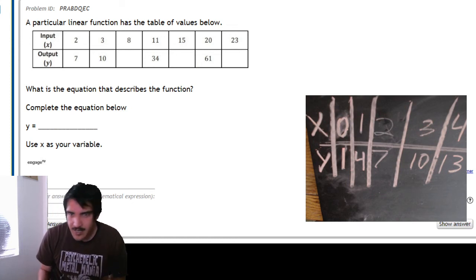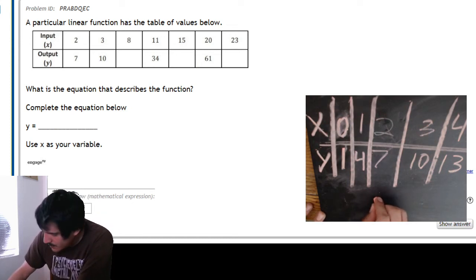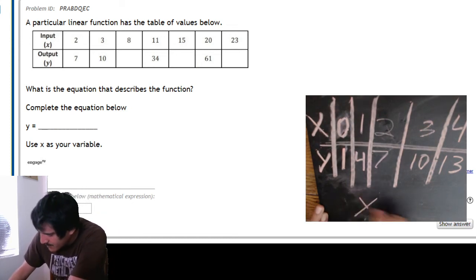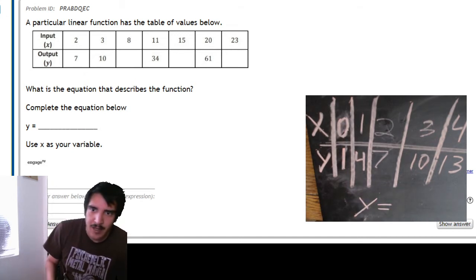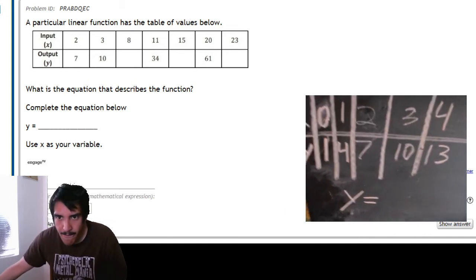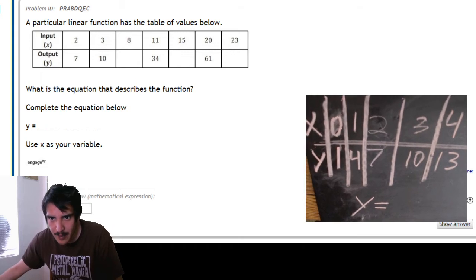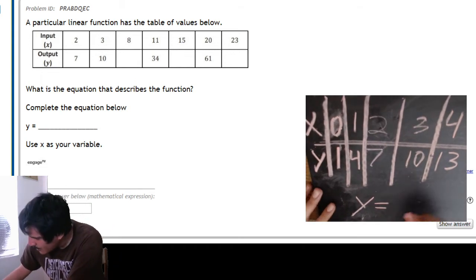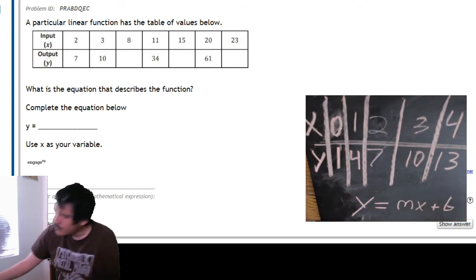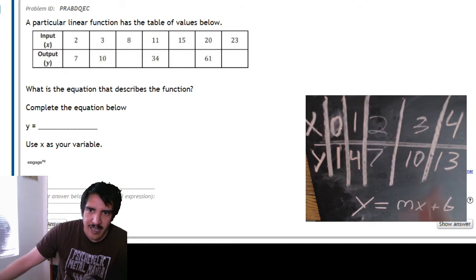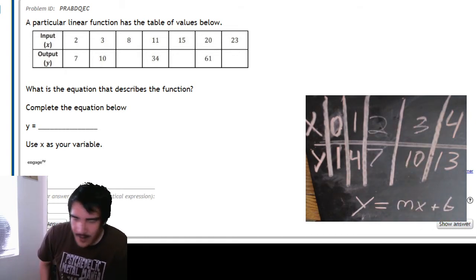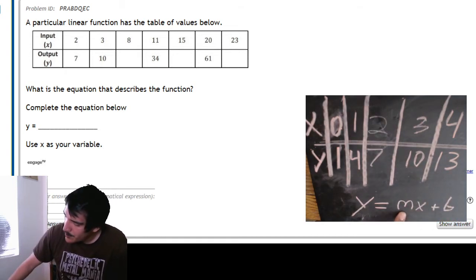So here's how we're going to do it. This is a linear equation, so it always has to start with y equals. And this is where slope and y-intercept come into play, because we are going to do y equals mx plus b. From this table of values, let's find out what the slope is.